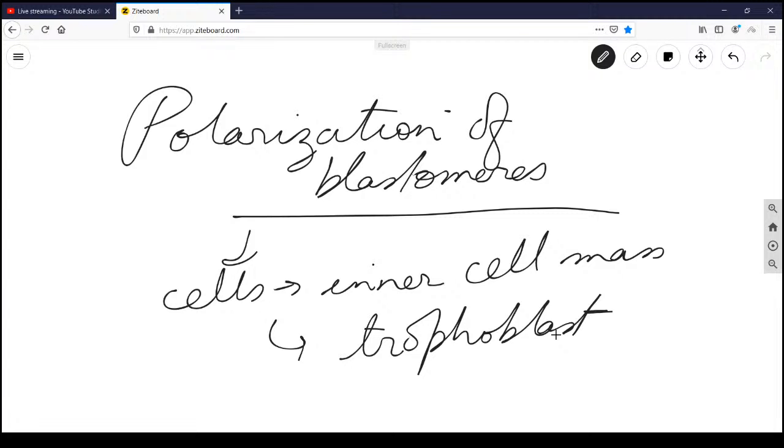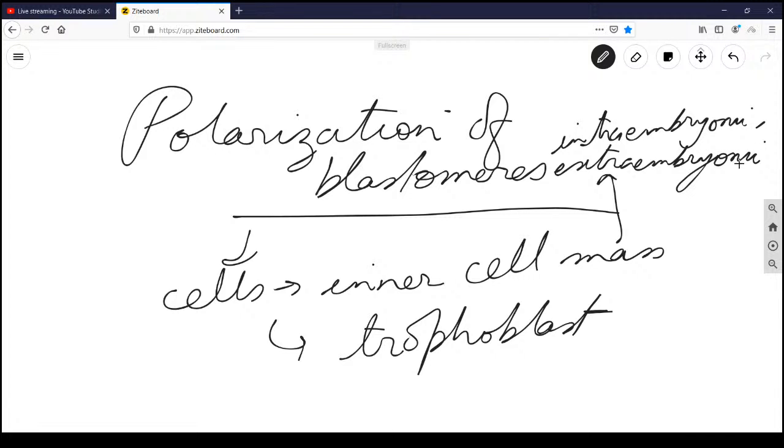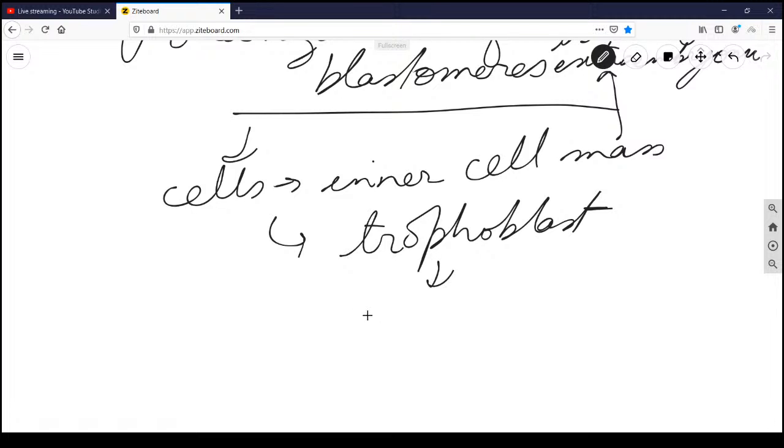The inner cell mass produces the intra-embryonic structures, meaning the entire embryo morphogenesis, and also the innermost layer of the placenta, which is again an extra embryonic layer. So the inner cell mass forms both intra-embryonic as well as some extra embryonic structures, while the trophoblast forms exclusively extra embryonic structures.